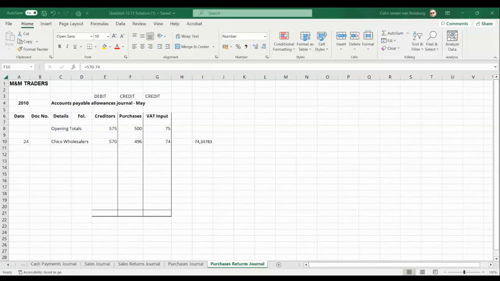So I think you already know what we are going to ask. Yes, there we go. Thank you, Senziwe. Thank you, Senziwe and Sisanda and Connie. You're all correct. We made a payment, so it needs to be recorded in our cash payments journal. Spot on. So let's go to our cash payments journal.